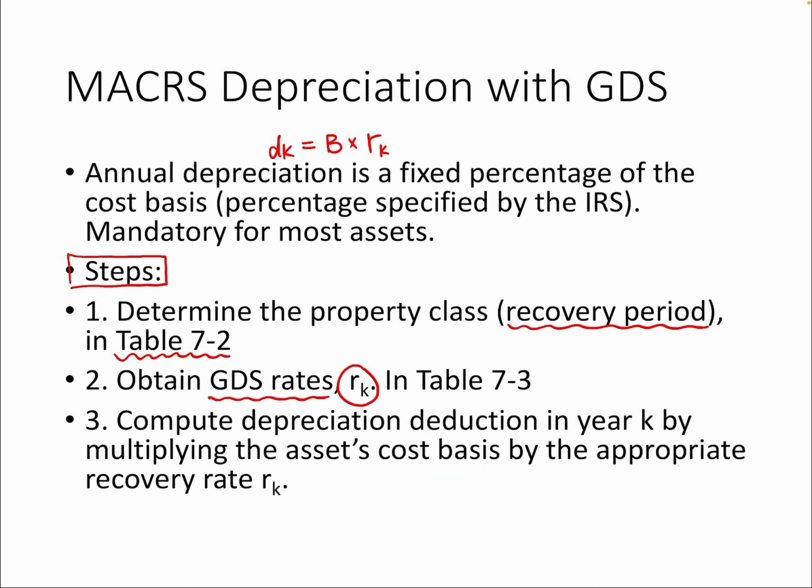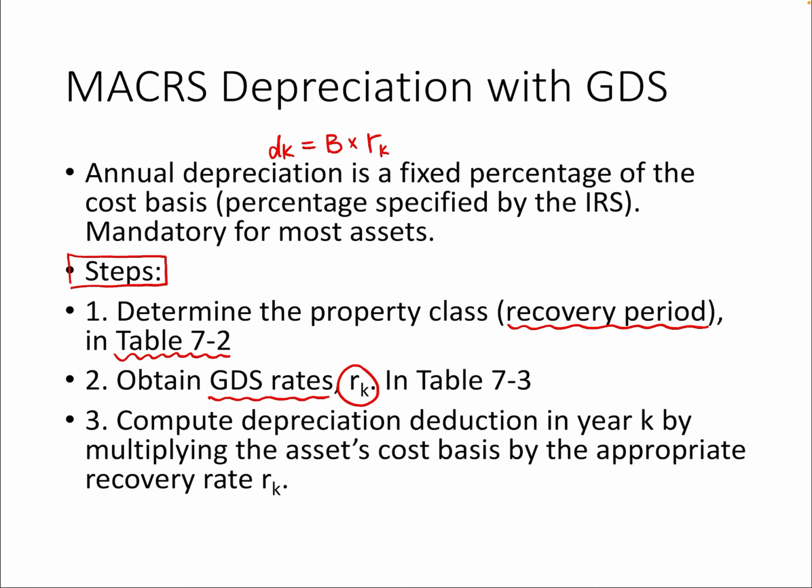So now let's take a closer look at these two tables. Table 7-2 is where you can find out the class of your property and the corresponding recovery period of that class. In this table, you can tell that things are depreciated according to their classes.